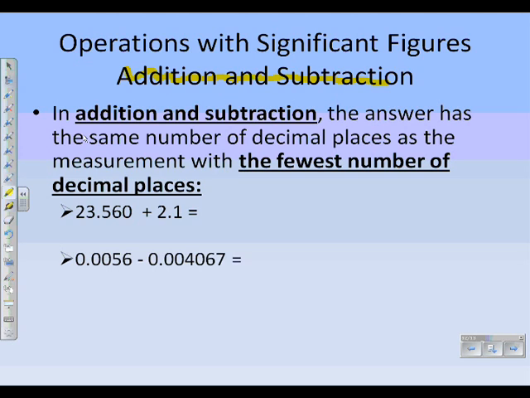If we take a look at the first problem, 23.560, 5 significant digits in that number, plus 2.1, 2 significant digits in that number. But the total number of significant digits isn't the important part. The important part is the places after the decimal.